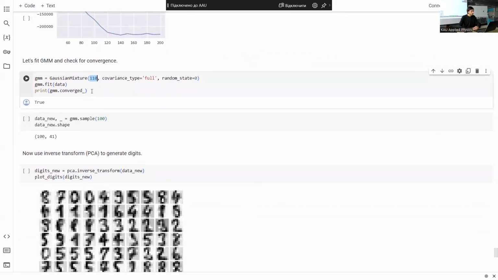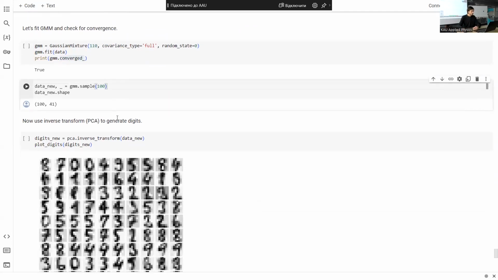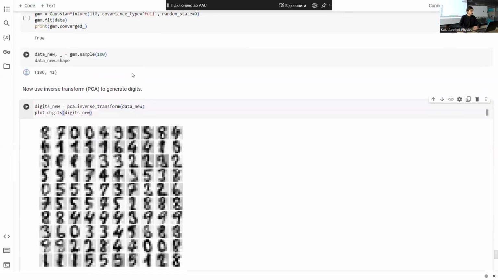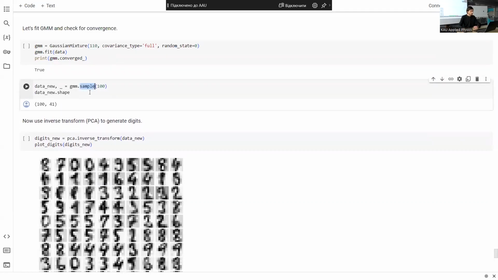Now I'm fitting this data. I see that my GMM converged. That's okay. And now I can generate some data with this model. What it does for me is generate a sample of 100 points in some multidimensional space.